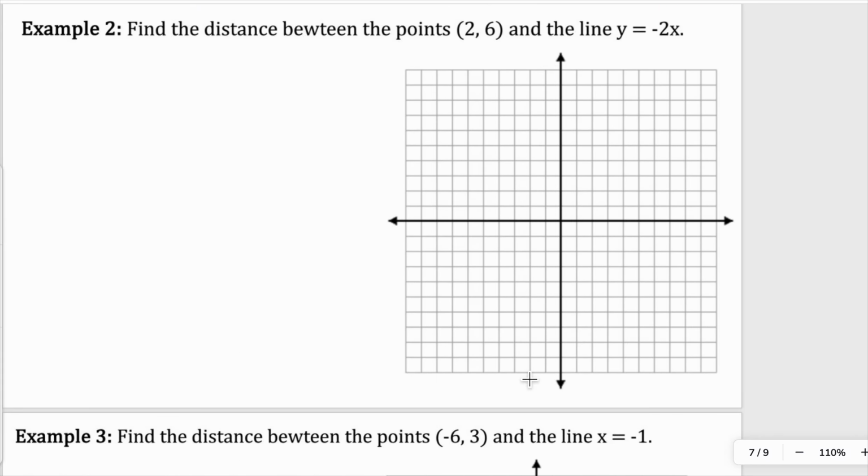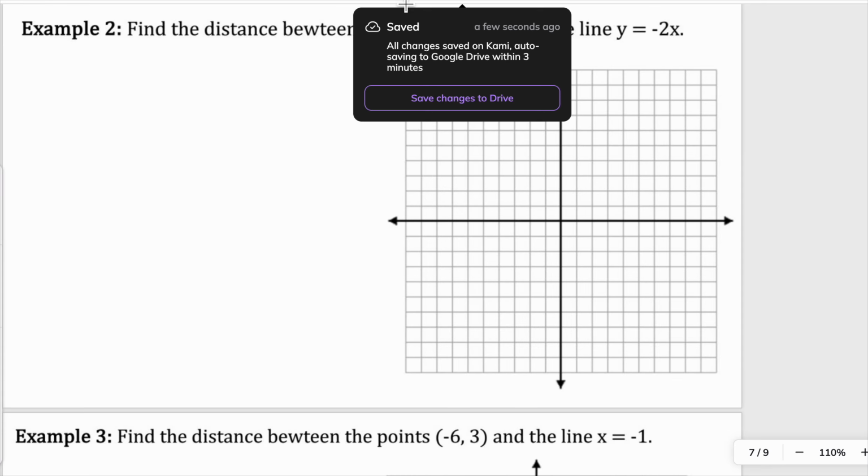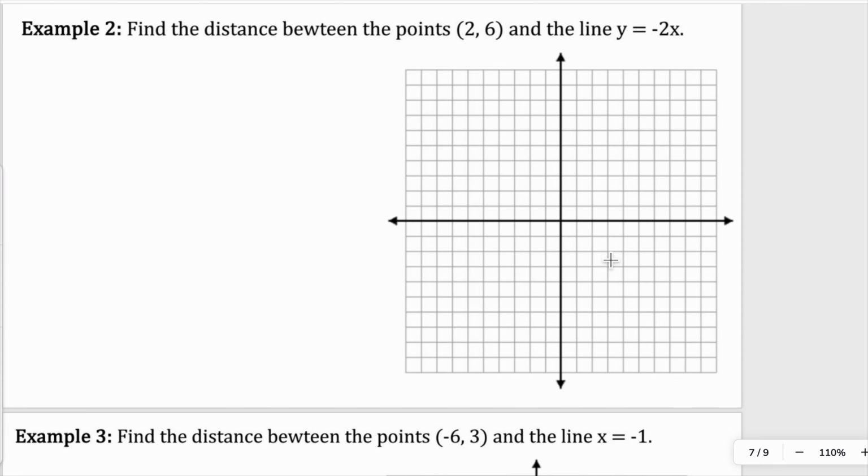Okay, we're going to try that same thing here. Find the distance between the point (2, 6) and the line y = -2x. So first we want to write down our point (2, 6), over 2, up 6. And then I'm going to graph the line negative 2x.